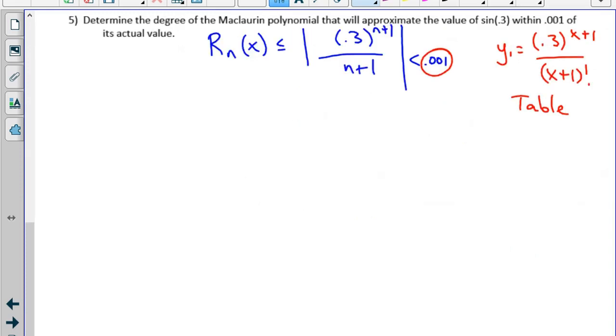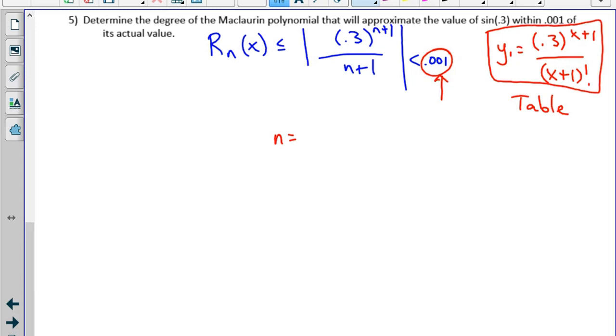So if I'm looking at this and I go to the table, and when I say go to the table, you should actually type this in the calculator as I speak, look at the table, and figure out when it ends up being less than 0.001. So you actually know where the buttons are and you can figure it out.